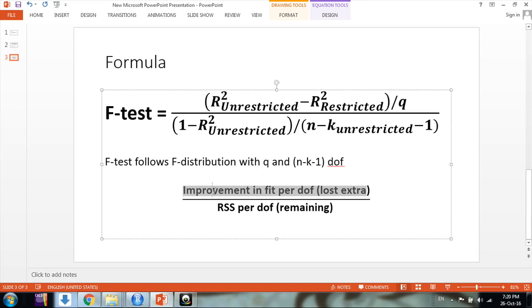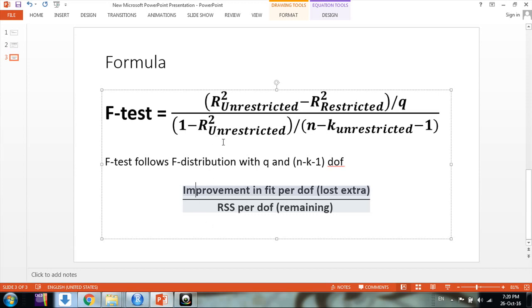So there is improvement in the fit, but for that purpose we are losing some degree of freedom. So what is the improvement in the model per degree of freedom we are losing? So the numerator is improvement in fit per degree of freedom we are losing extra.